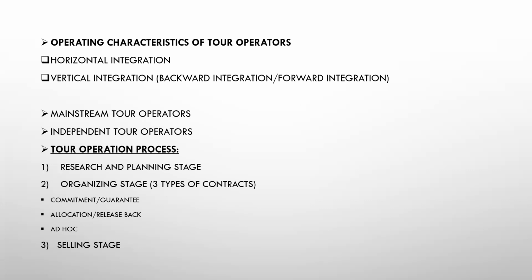For example, a tour operator could take over the business of one of the principals, or a tour operator could take over a travel agency. So, vertical integration happens with the takeover of businesses at different levels of the distribution chain.